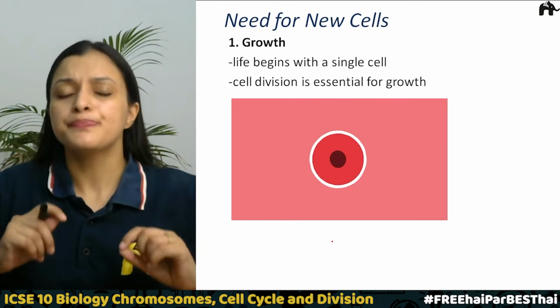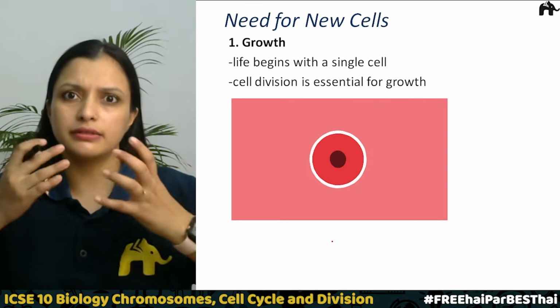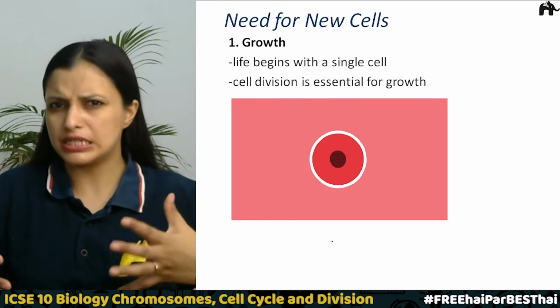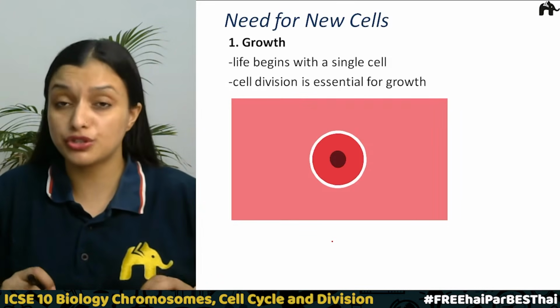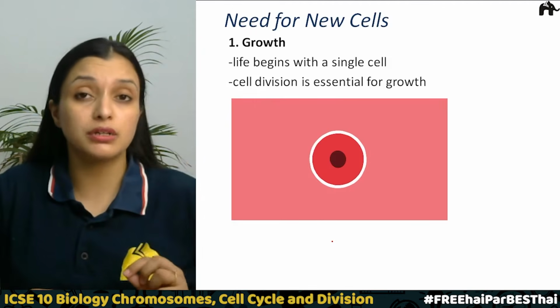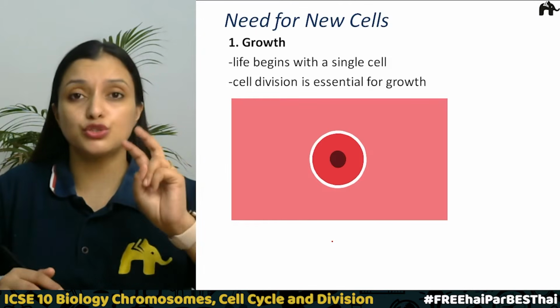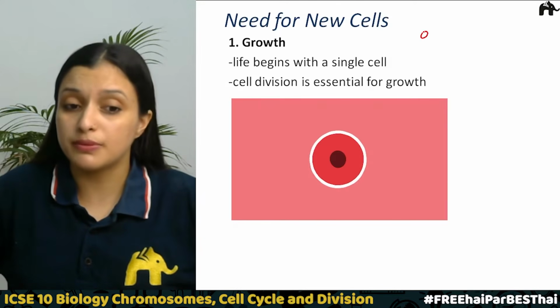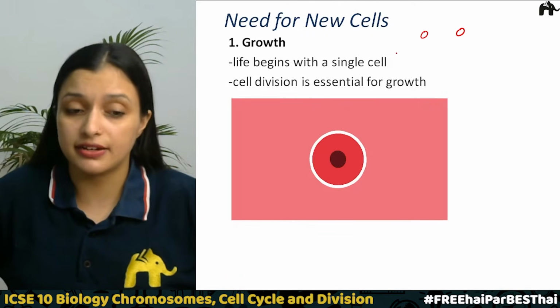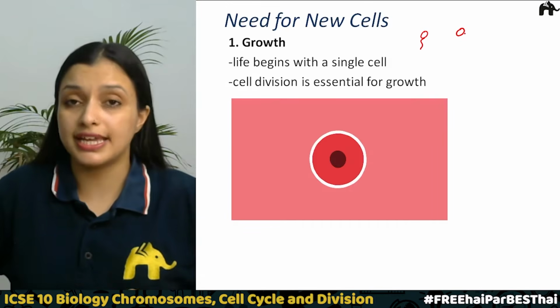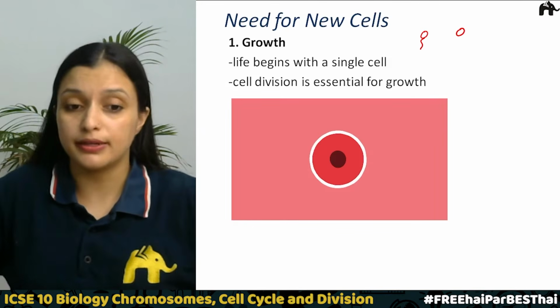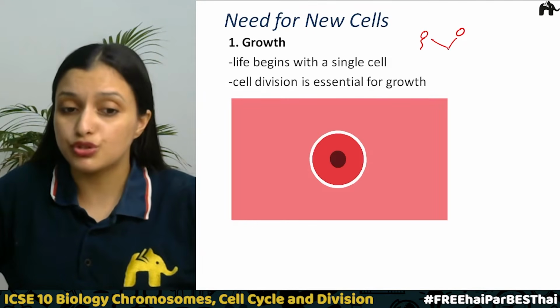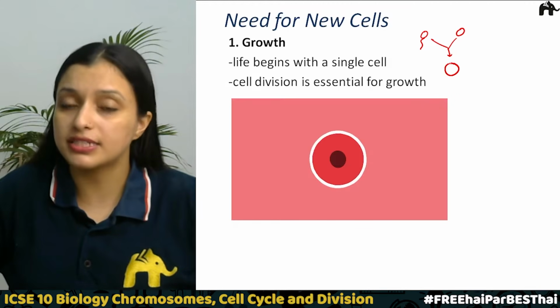Remember, in previous classes you must have studied reproduction. In reproduction, we learn that there are two cells, two gametes. One is the sperm cell and another is the egg cell, right? These two cells fuse together and form a zygote, right?